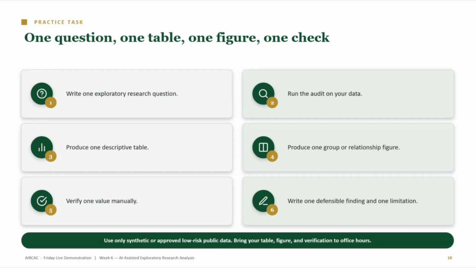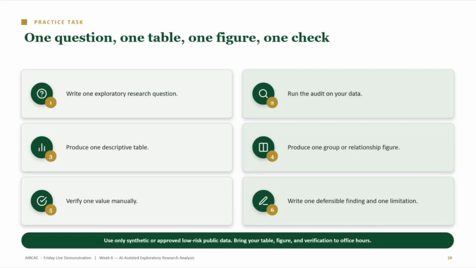The practice task that we always need to have: one question, one table, one figure, one check. So don't provide the AI 2 or 3 big questions and want it to generate all the questions.